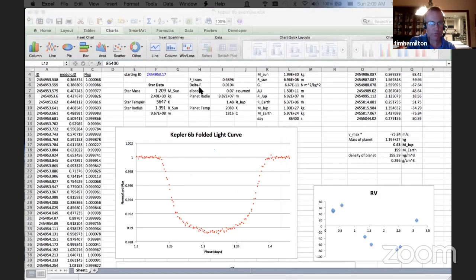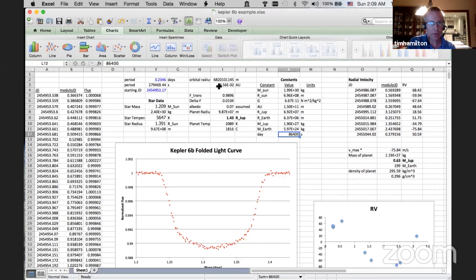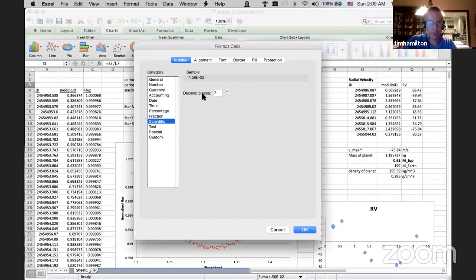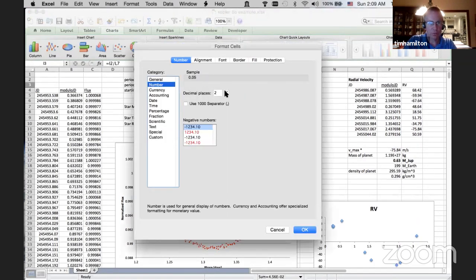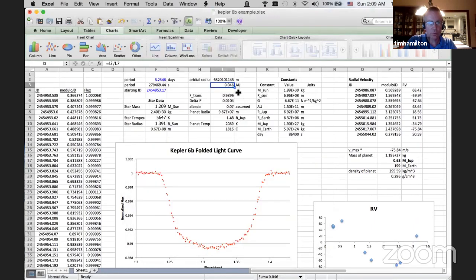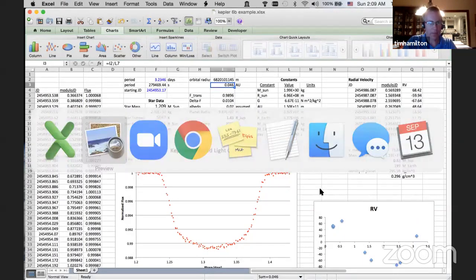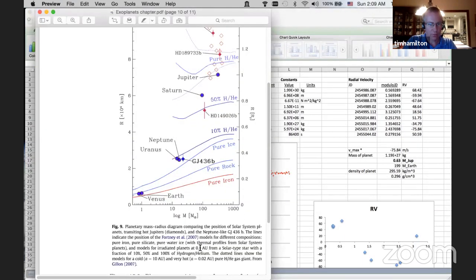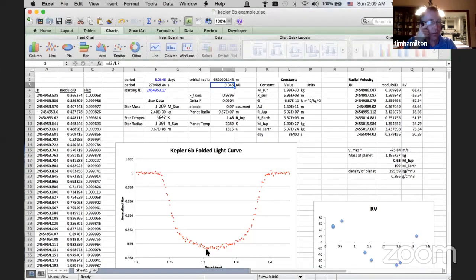Now, what's our distance? Let's convert that without scientific notation. We are less than 1/10 of an astronomical unit from the star. So we are half that distance away.